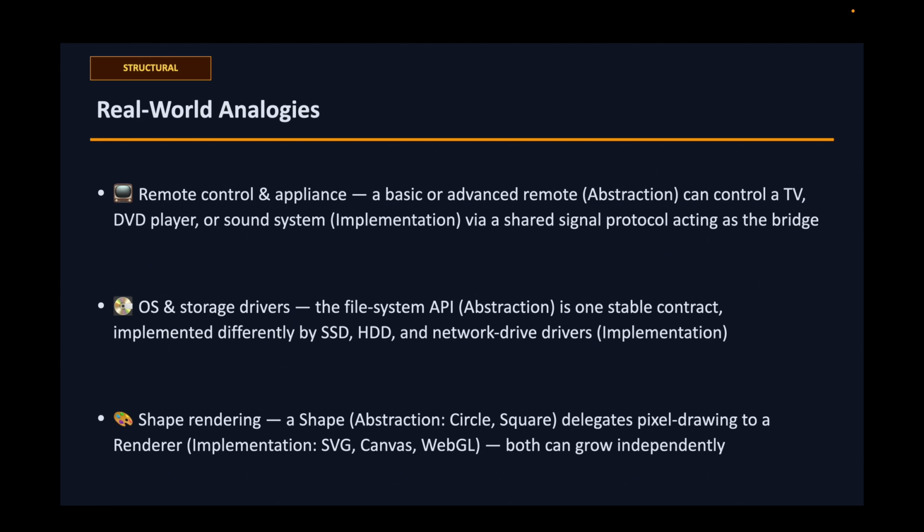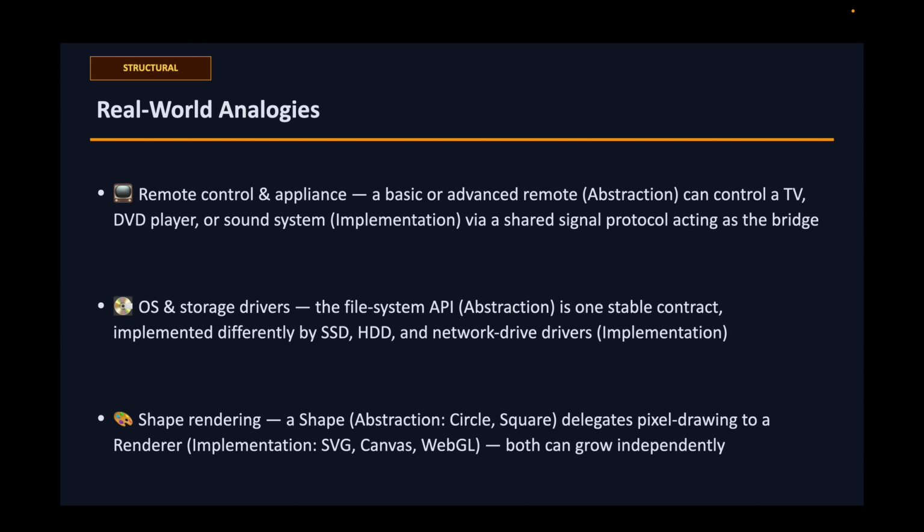Here are some real-world analogies to make this idea much more understandable outside of this notification system. If you think about remote controls and appliances, we have a basic remote or an advanced remote. This is the idea of the abstraction, which can control a TV, DVD player, or sound system. This is the idea of the implementation. Any remote works with any appliance because they share a common signal protocol acting as that bridge.